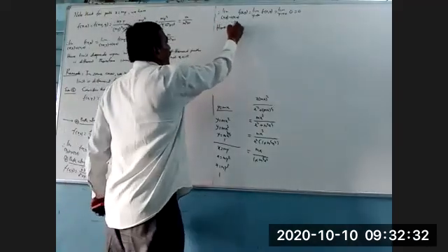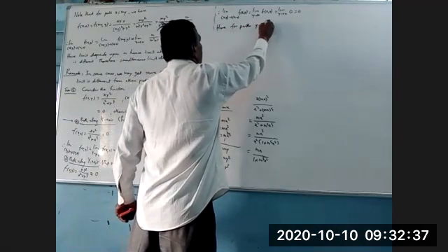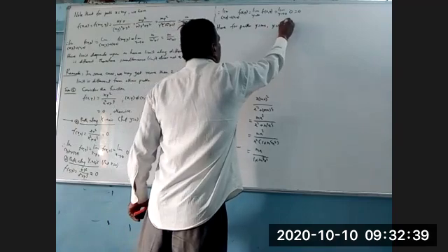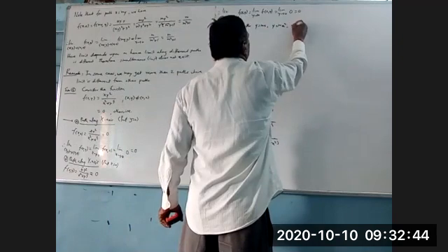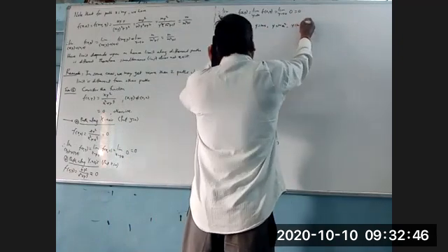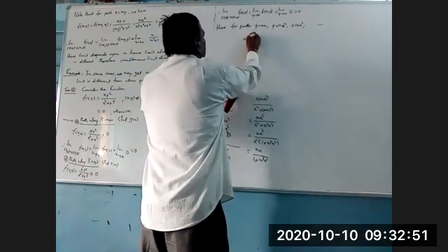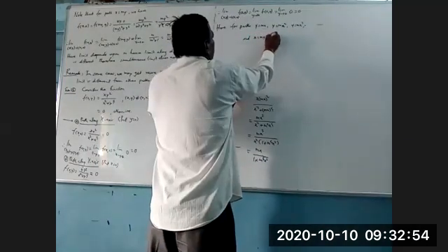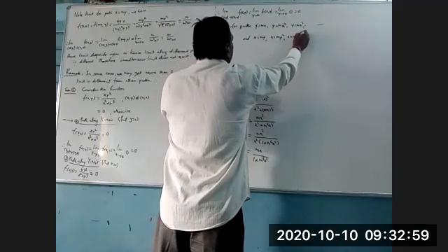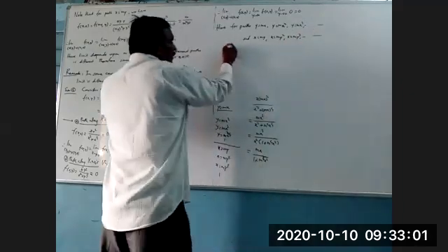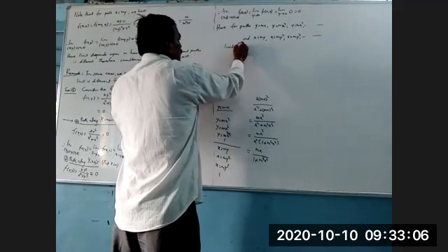For paths y equal to mx, y equal to mx square, y equal to mx cube, and so on, as well as x is equal to my, x is equal to my square, x is equal to my cube, and so on, the limit is 0.